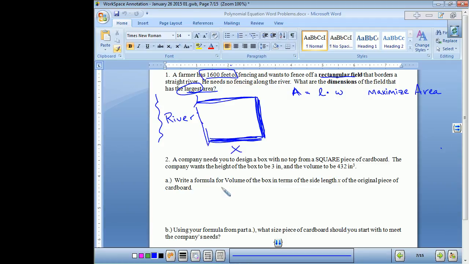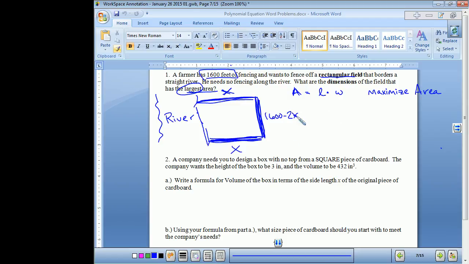I'm calling that X. You can call it W, you can call it A, whatever you want. It's X on my paper. So if this is X, what is this side in a rectangle? Also X. So now I've used up X feet of fencing and another X feet of fencing. That leaves 1,600 minus 2X.